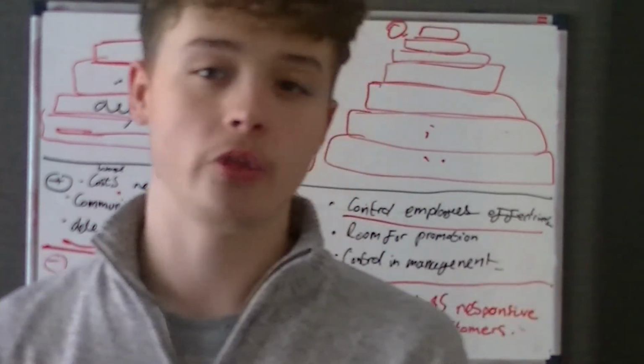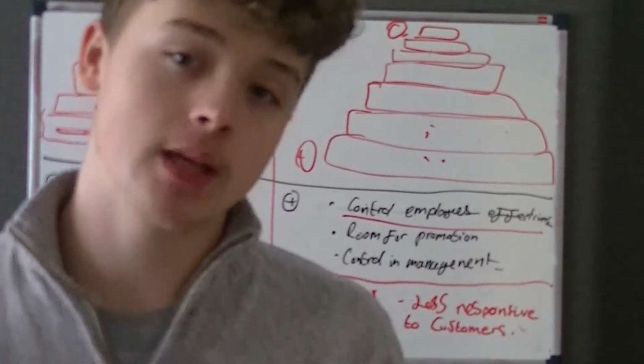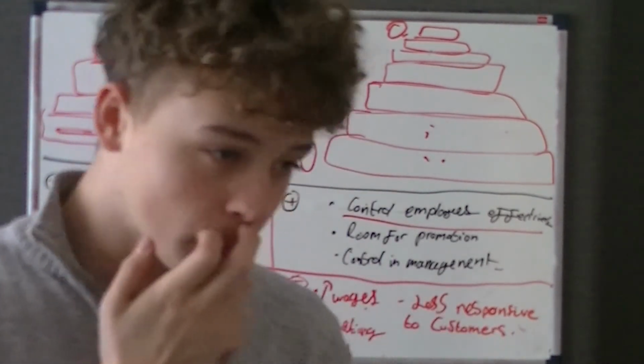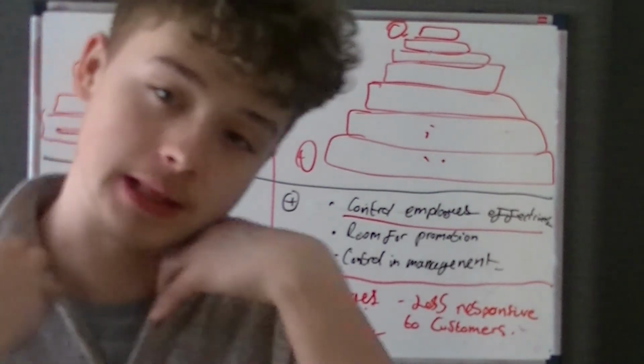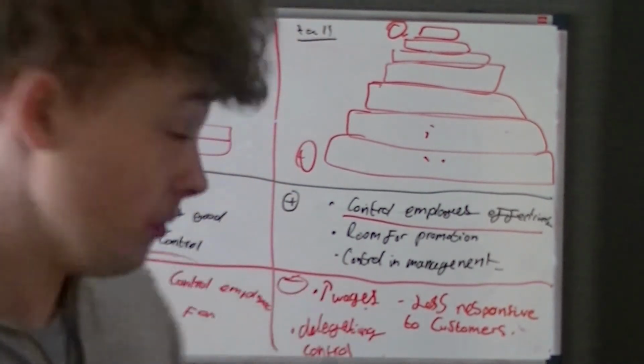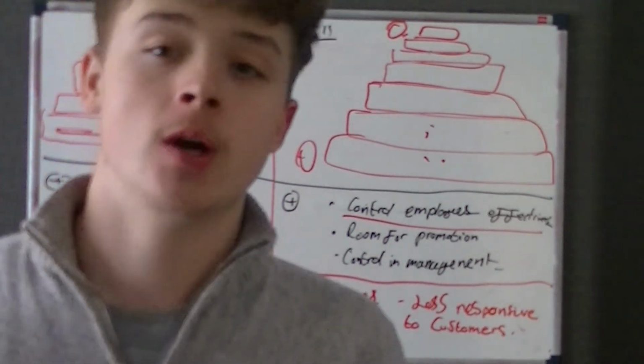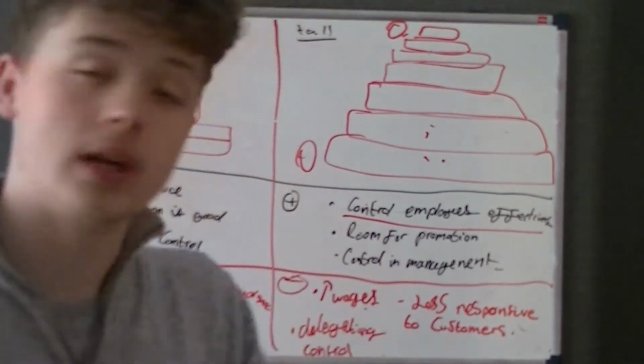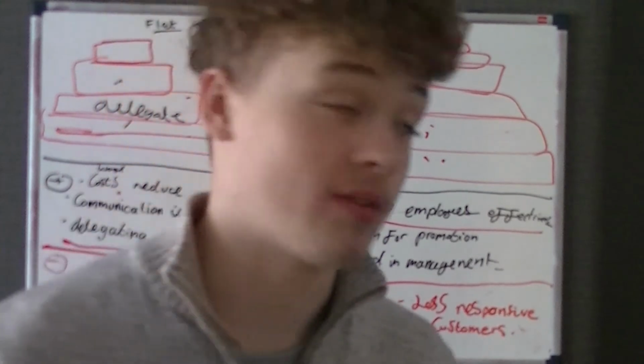You're able to respond to customers more quickly because the word of mouth needs to get through less, and it's going to be less distorted as well, as you've only got a few layers in your business. It's a bit like Chinese whispers if you think of it like that.